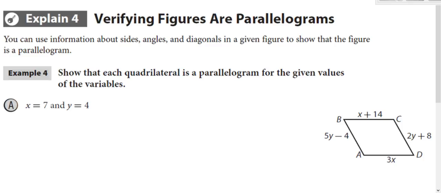So now we're going to use all those properties that we just were working with and proving to solve for variables, similar to what we did in the 9.1. So if x is 7 and y is 4, is this a parallelogram? So if x is 7, that means that this top side is 21, the bottom side is 21, so those sides are congruent, so halfway there.